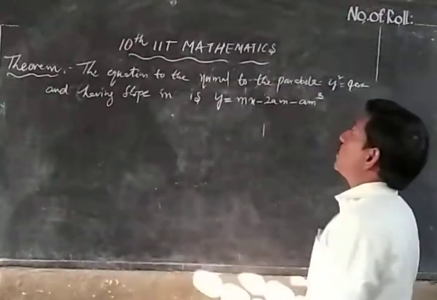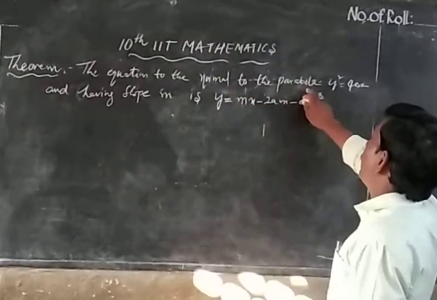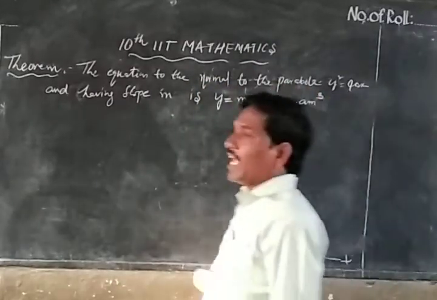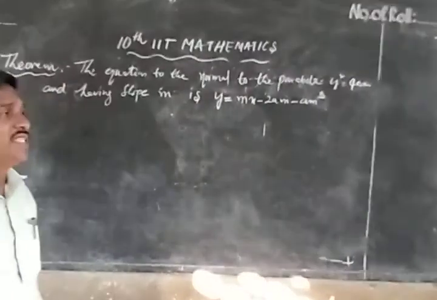The equation to the normal to the parabola y square equal to 4ax and having the slope m is y equal to mx minus 2am minus am cube.